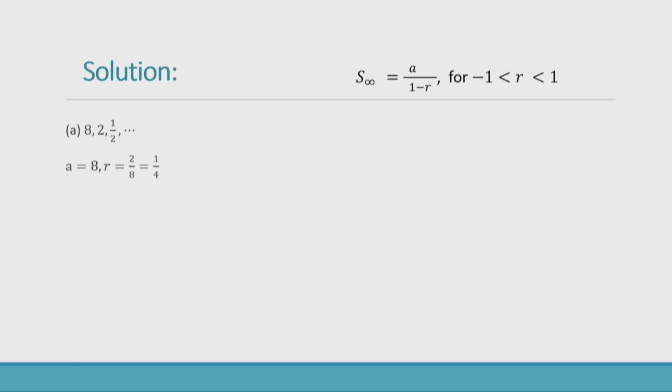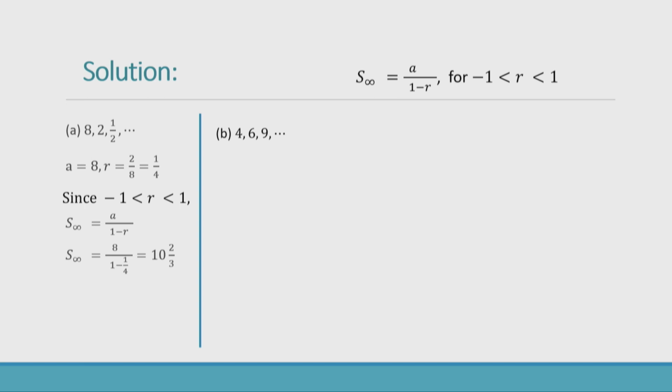And 1 quarter is found within the interval for the sum to infinity to exist. That is, remember, R should be greater than negative 1 but less than 1. So here we can find the sum to infinity, which is A over 1 minus R. That is 8 over 1 minus 1 quarter, which is 10 2/3.